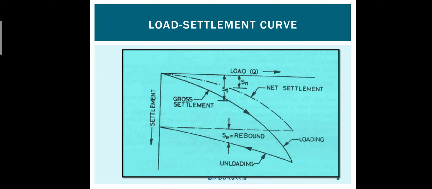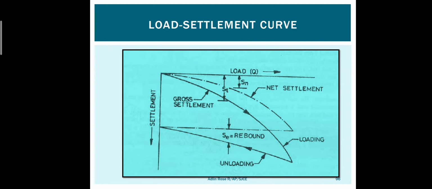So when you draw using the rebound values, you get another curve called the net settlement, by subtracting the rebound from the gross settlement. When you subtract the rebound values from the gross settlement values, you will get the net settlement.